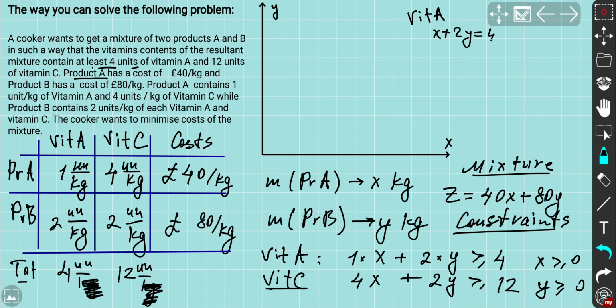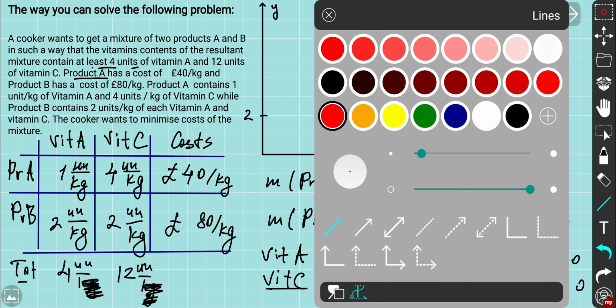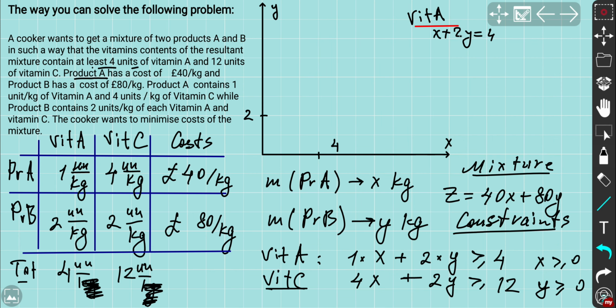The y-intercept is going to be 2, it's right there. And for the x-intercept, when y is 0, x is 4. Let's use red for vitamin A. That's the line segment connecting 2 and 4. That's the vitamin A line.